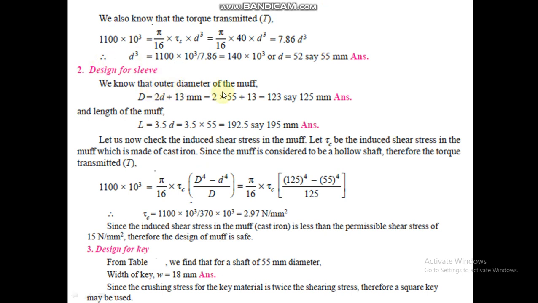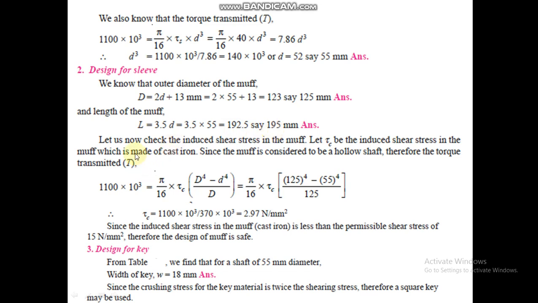We know that the outer diameter of the muff, capital D, is 2d plus 13. This is the empirical relation to find the outer diameter of the muff. We calculated it as 123, or we can say 125 mm standard value. Length of the muff is 3.5 d, that is 3.5 into 55, which is 192.5, or we can standardize it as 195 mm.